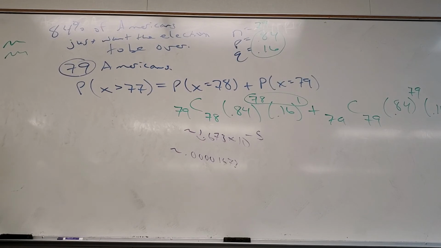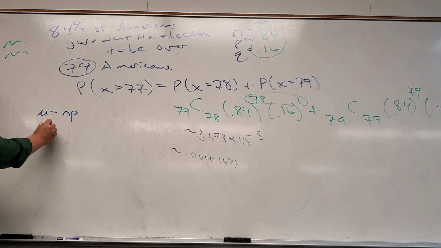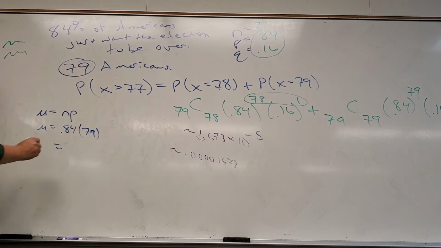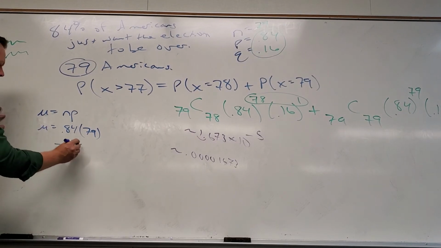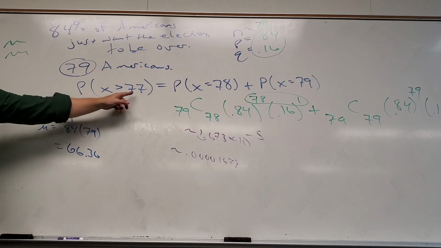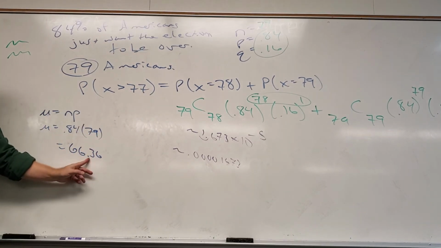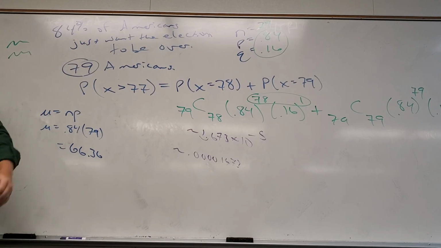What's another name for expected amount? Mean. So the mean is n times p. So what's the mean here? 84% of 79. So I expect about 66.36 on average. So how likely would it be that it's more than 77? Pretty small, because I expect it to be close to 66. So that answer makes sense. It's a very small probability.